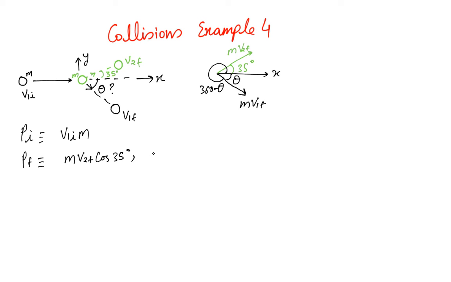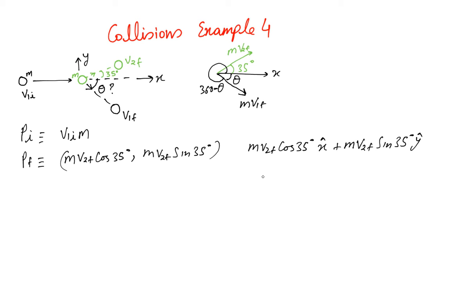In the y direction it is going to be m v2f sine 35 degrees. This whole thing can also be written as m v2f cos 35 degrees in the x hat direction, where x hat means the x direction, and m v2f sine 35 degrees in the y direction.